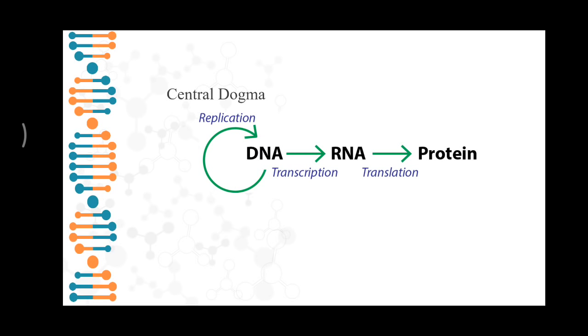They are DNA replication, transcription, and translation. In replication, a double-stranded nucleic acid is duplicated to give identical copies. This process generally perpetuates the genetic information.